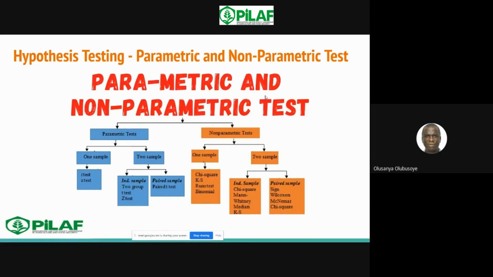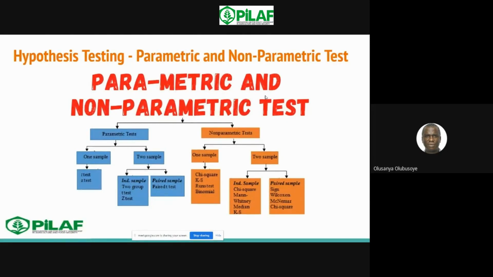When you have more than 2 samples, you might have to use ANOVA. The discussion on ANOVA will come next week. So for now, we are dealing with 1 or 2 samples. If it's 1 sample, then you can use the t-test or the Z test. So when do you use the t-test? I will explain that in the next slide.